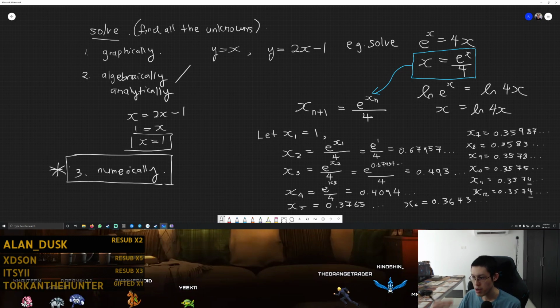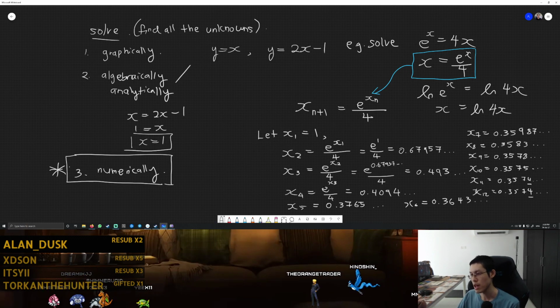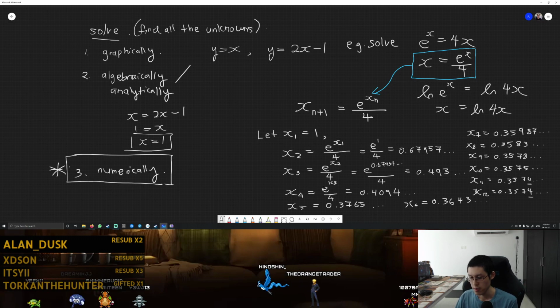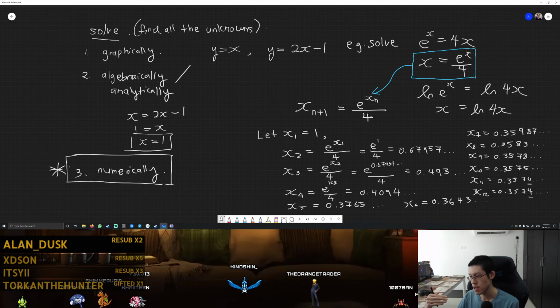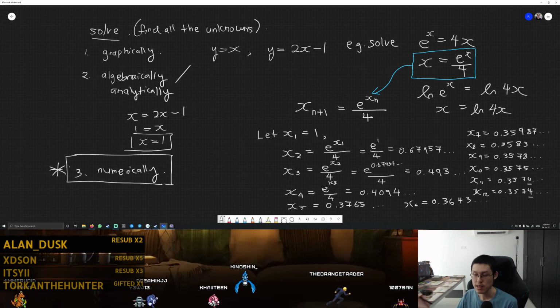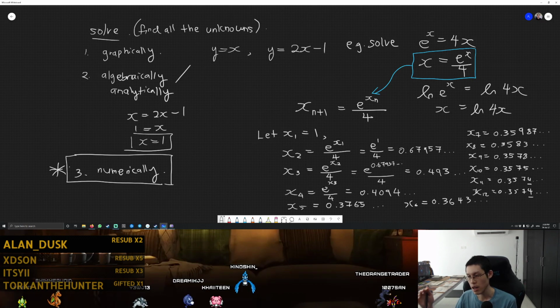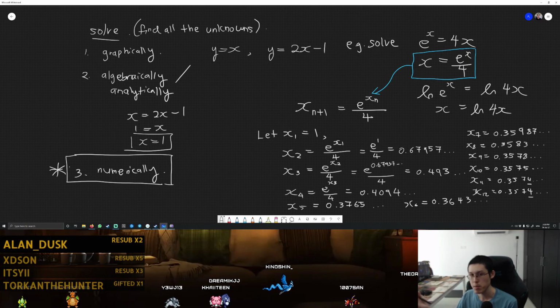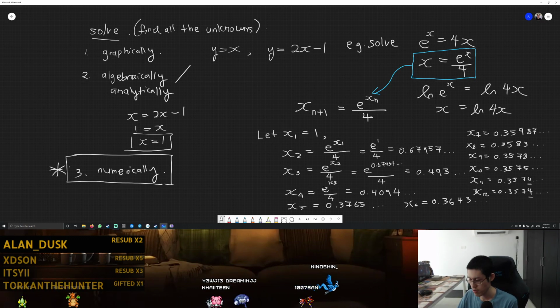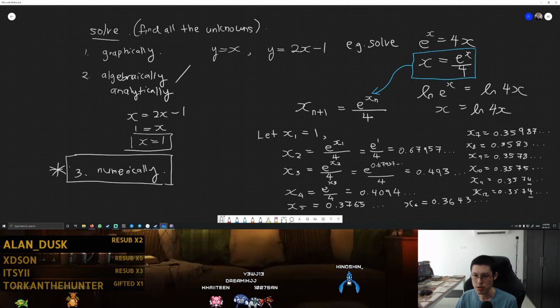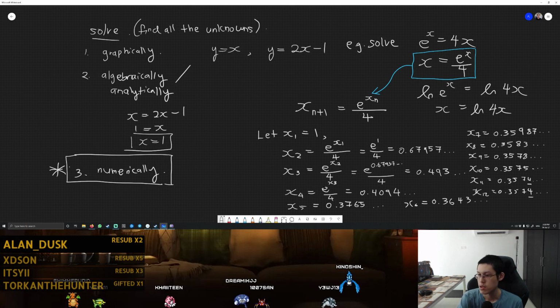So if you keep going, eventually you will get the exact answer, but you have to do it an infinite number of times, because this actually takes an infinite number of times to converge to the actual value. But usually in the exam, if you can get up to 4 decimal places, it's good enough. Usually the question will tell you exactly how many decimal places you need to get. Okay, so we get 0.3574.